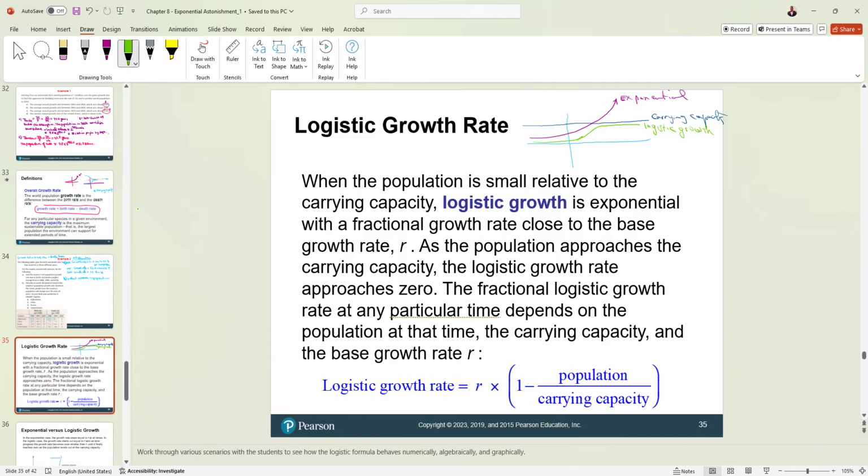That's very important. So contrast logistic and exponential growth for the same base growth rate R.